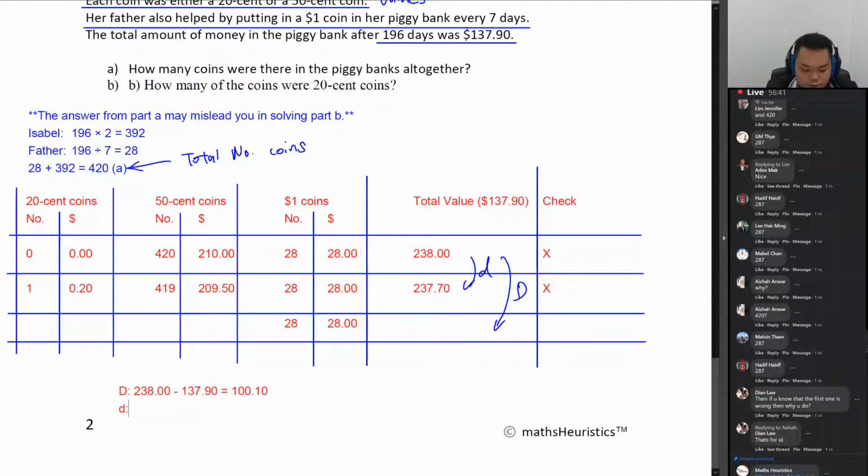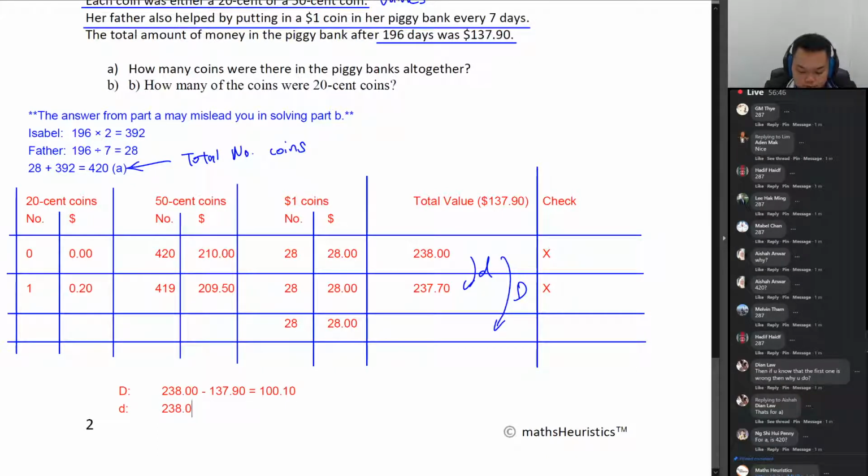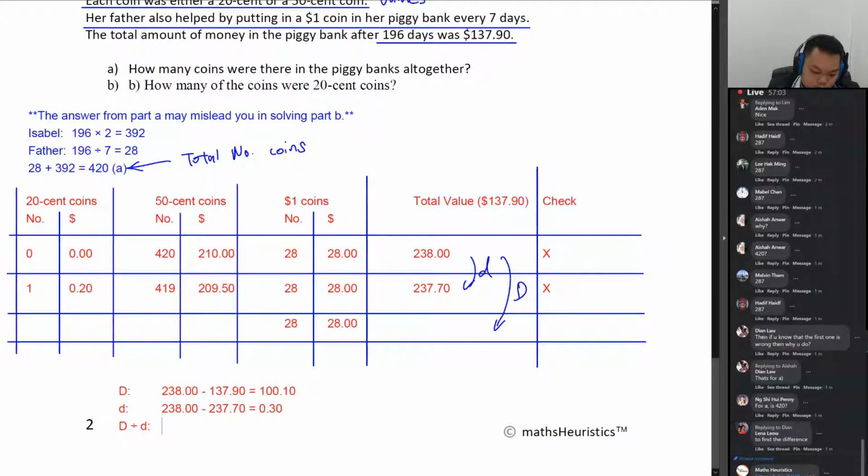The small d here will be 238.00 minus 237.70 to give you 30 cents. So the big D divided by small d here, wait, am I missing out something?